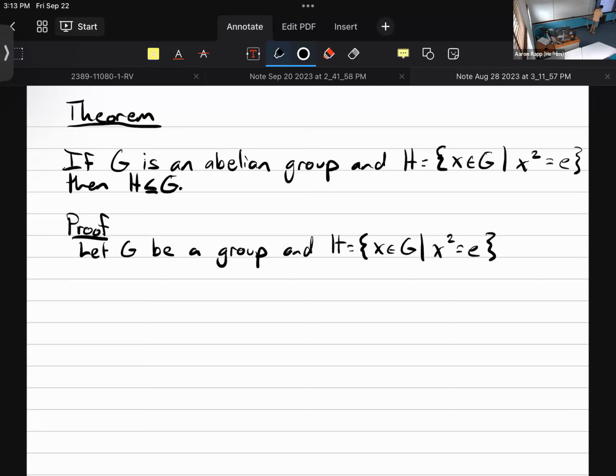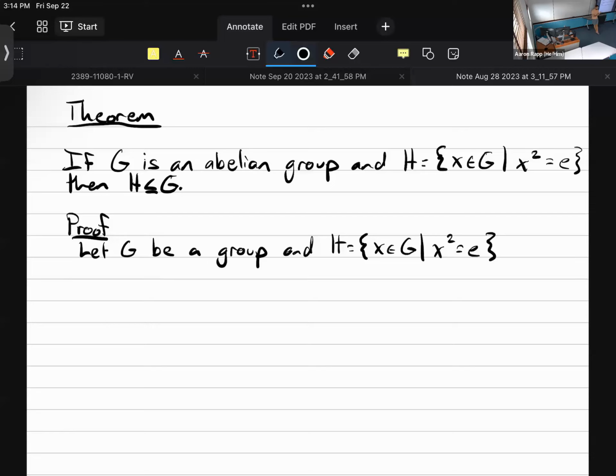Any element that when I operate it with itself becomes the identity is its own inverse. Because we also know that inverses are unique. So can I think of an element in a group that, when I multiply it by itself, becomes the identity element, or an element in a group that is its own inverse? Always.